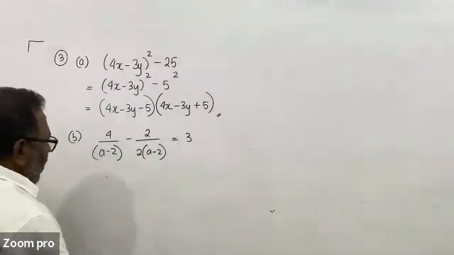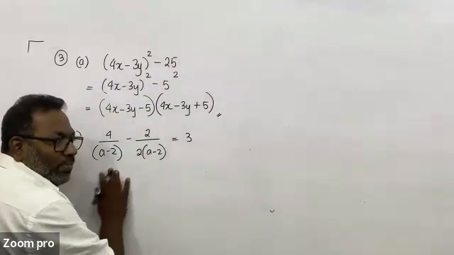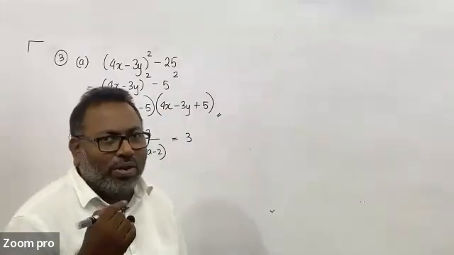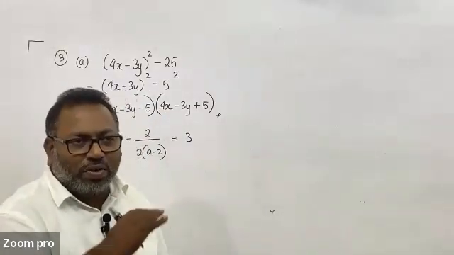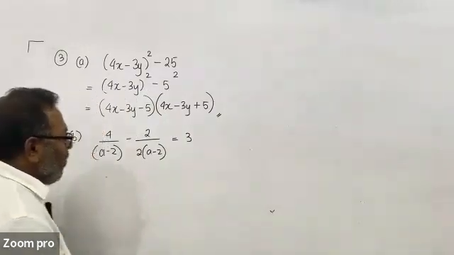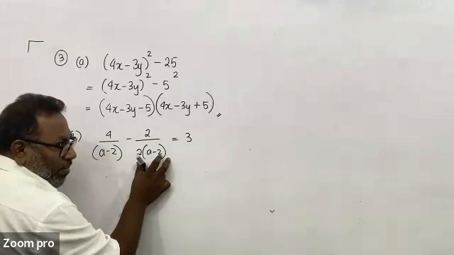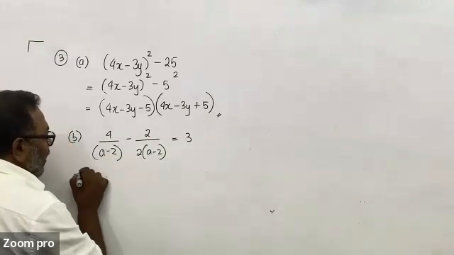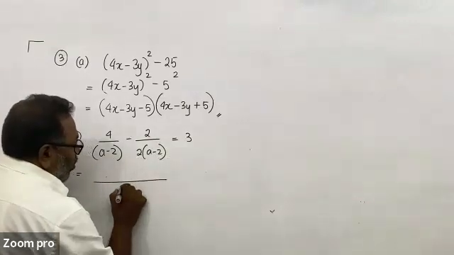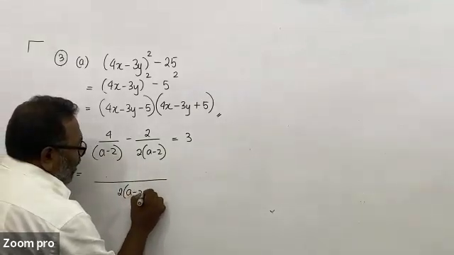Right? So you have something called an algebraic fraction. When you have a fraction and you subtract, you have to make sure the denominators are the same. So the lowest common multiple of A and 2A minus 2 is going to be 2A minus 2.